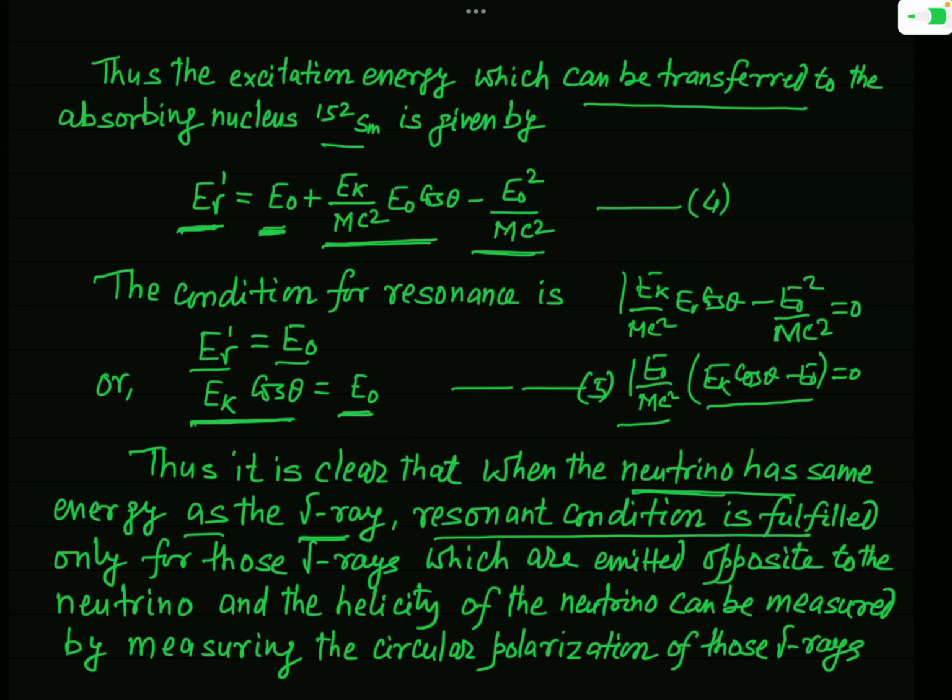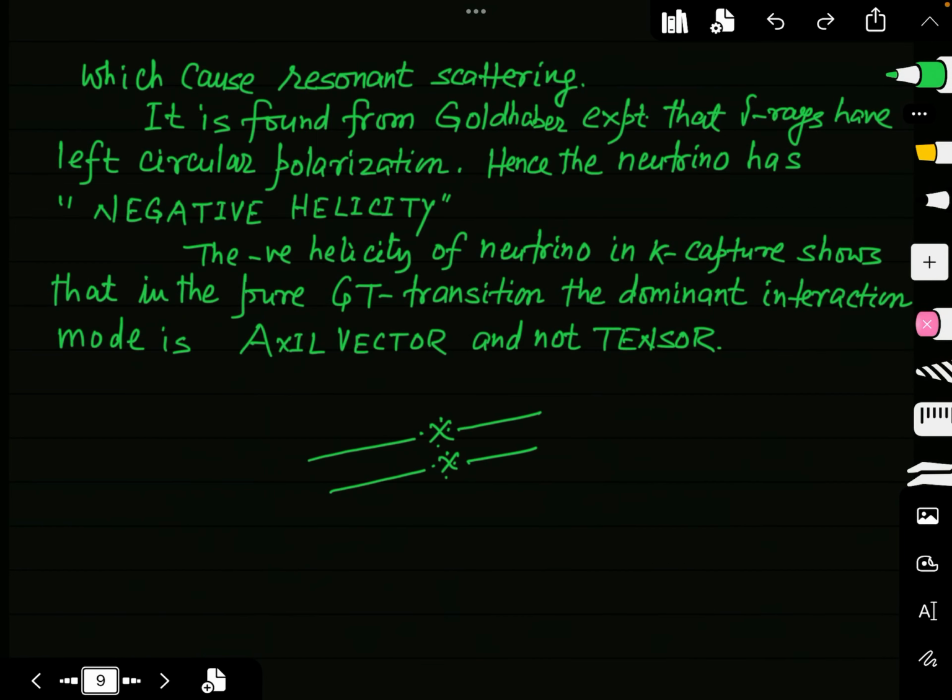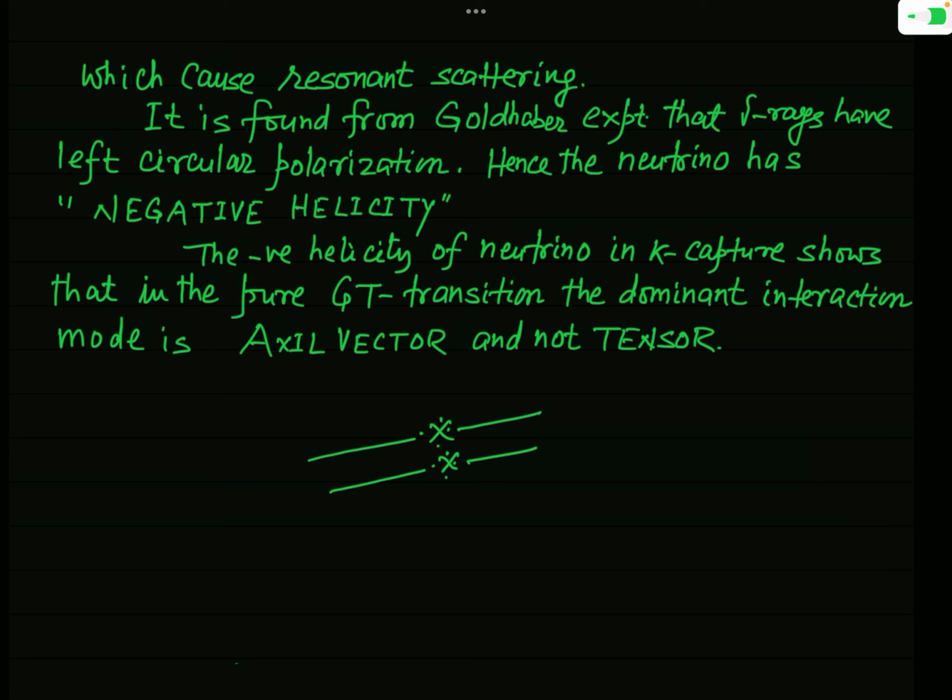And this condition will hold only for those gamma rays which are emitted opposite to the neutrino, and the helicity of the neutrino can be measured by measuring the circular polarization of those gamma rays. As I have told you earlier.